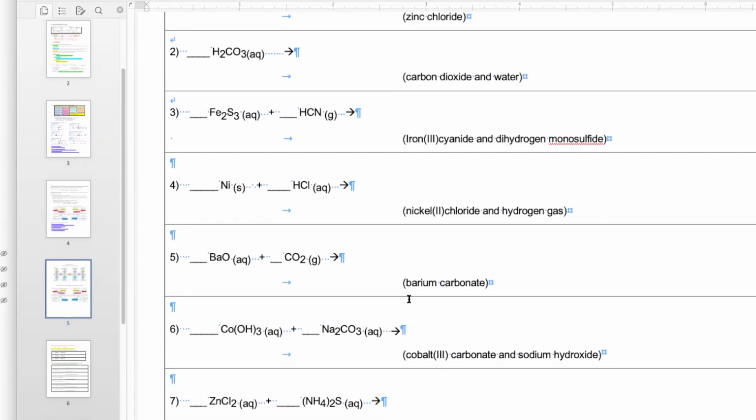You just are going to write the formula based on what you guys learned in chapter 6. Once you have the correct formula, then you need to balance it. Remember, if you have a polyatomic ion like a carbonate, balance it as a unit, balance it as a whole. Don't break it up into carbon and oxygen. It's going to drive you crazy.